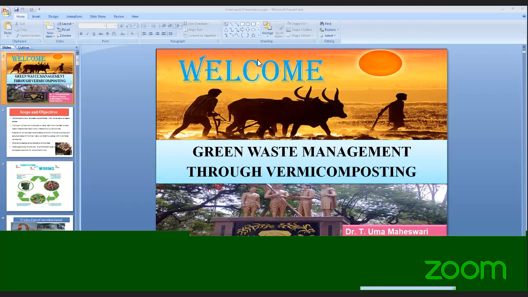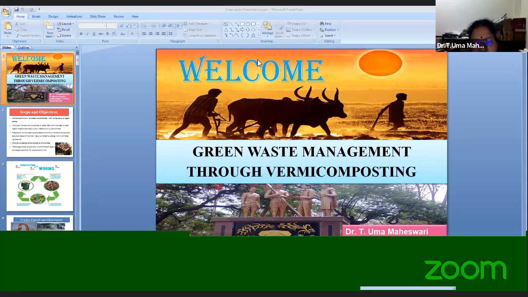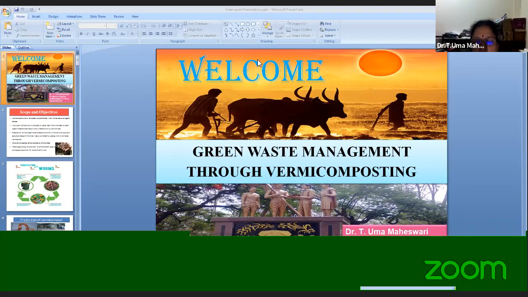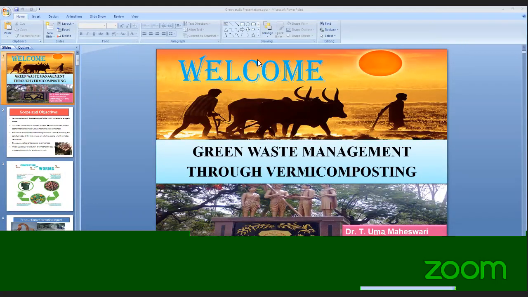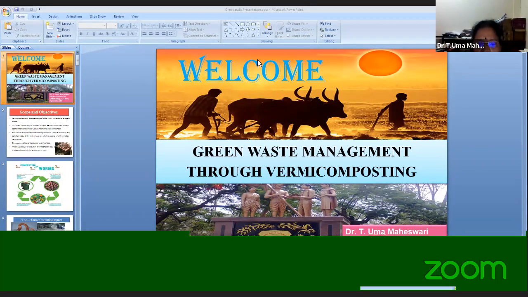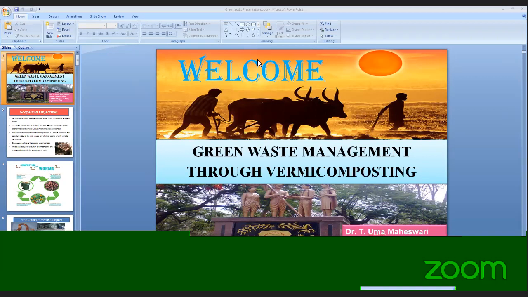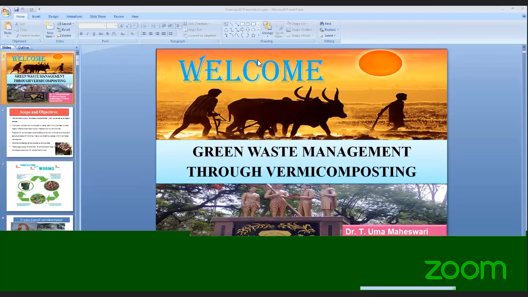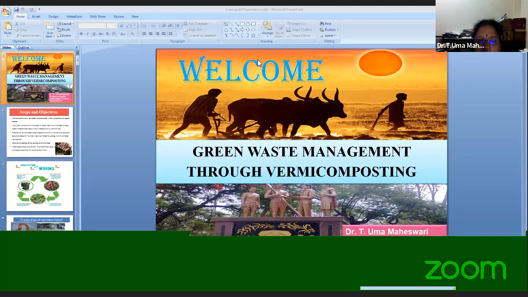So you can start with 2 lakhs for one shed, and you will get a production of a minimum of 2 to 2.5 tons, depending upon the cost of the compost. Generally on Amazon, it will be around 30 rupees, even 60 rupees. In our university, we sell it for only about 8 rupees. So depending upon the cost and quality of the material, you will get good returns. But for 1000 square feet, you need around 2 lakhs capital investment.